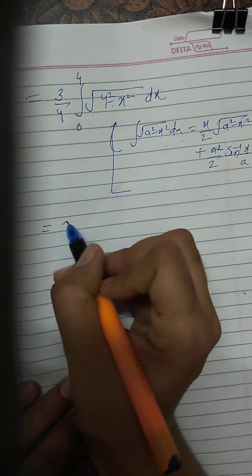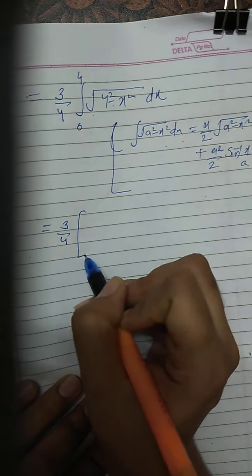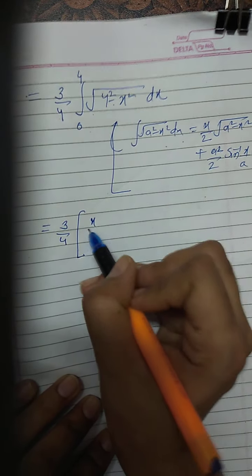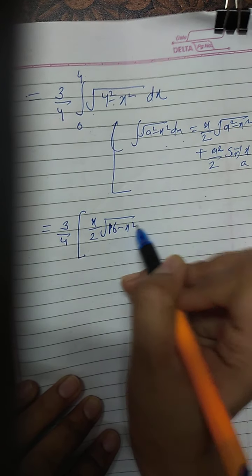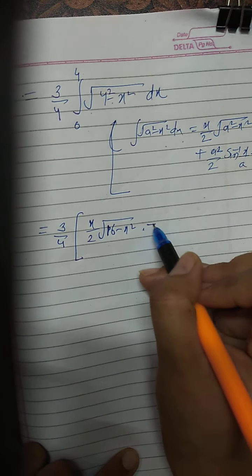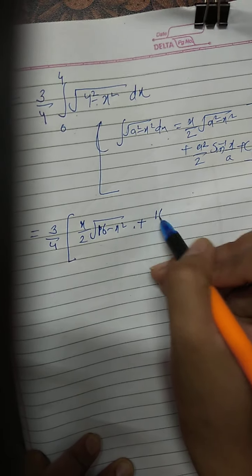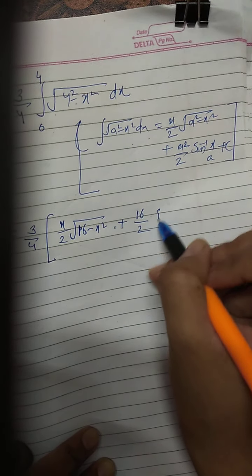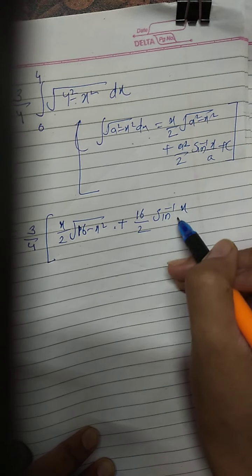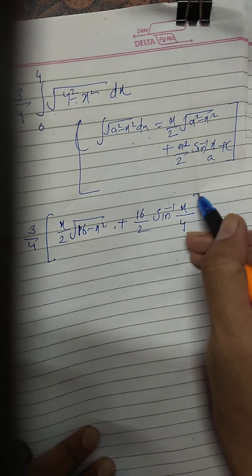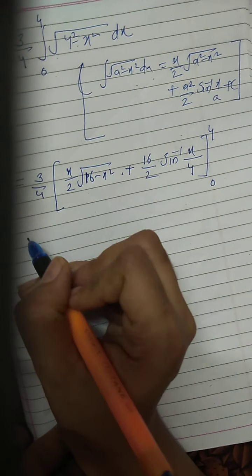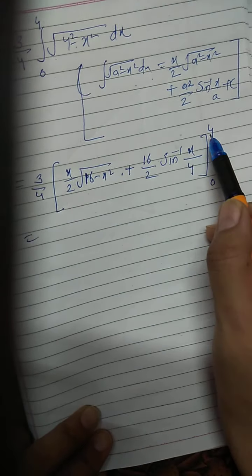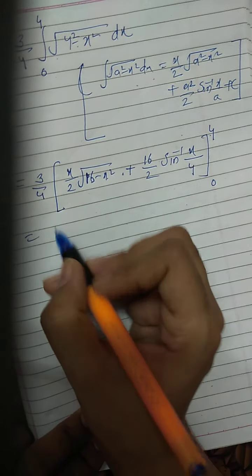Okay, so this will be equals to 3 by 4. Let us apply: it is x by 2 root of 16 minus x square plus a square by 2, means 16 by 2, sine inverse x by a, here 4. Okay, the limits are 0 to 4. So when we apply the limits, upper limit will make 16 minus 16, 0.